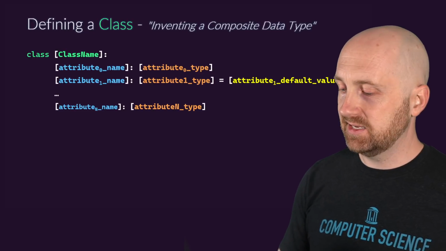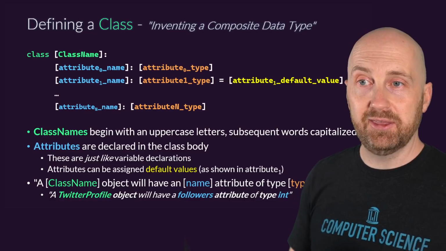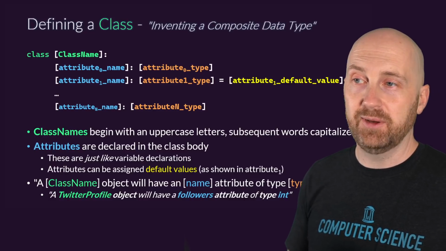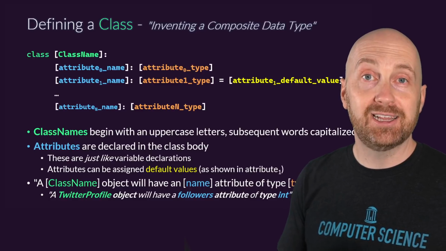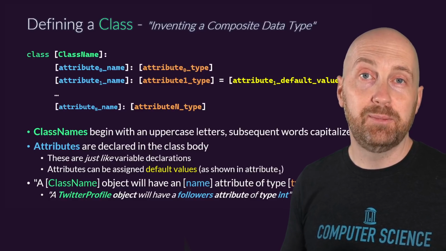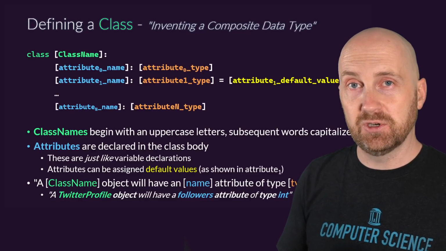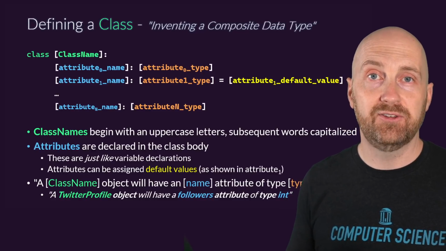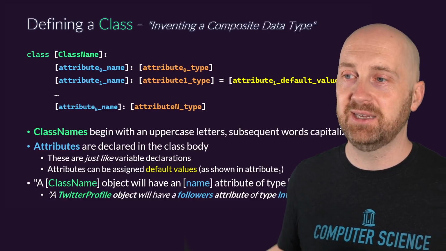When it comes to the class name, we should note that the conventions that are common in the Python programming language are different from how we think about our variable names or our attribute names. When we define classes in Python, we're going to begin their identifiers with a capital letter, and we're not going to use underscores between words. We're going to use capital letters to denote when the next new word of a multi-word class name begins.